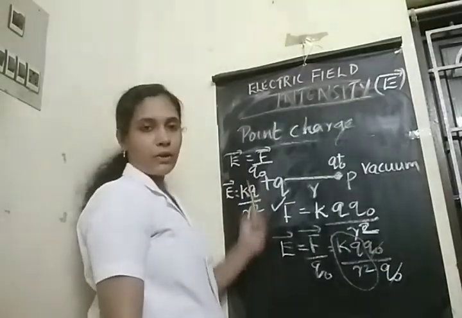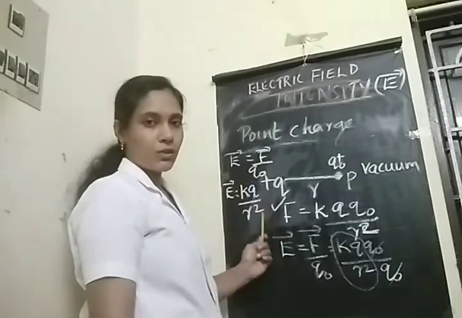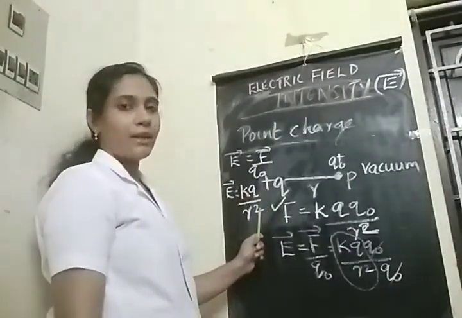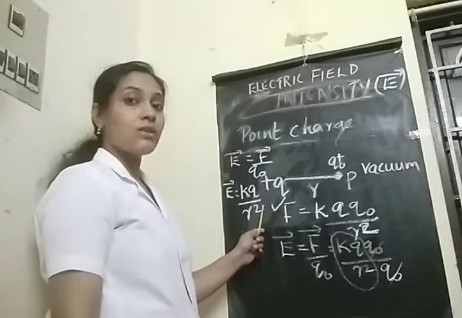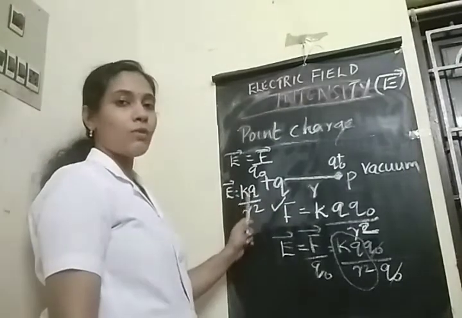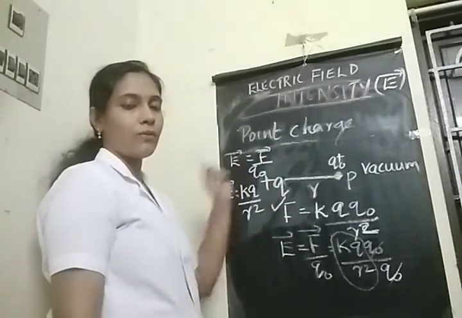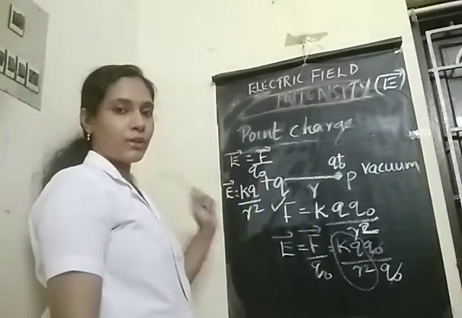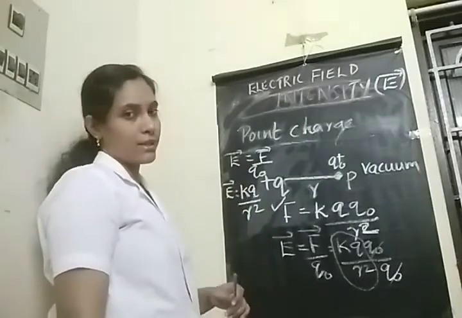So can you identify the main difference between these two expressions? Here we have used the test charge, but here we have used the source charge. So these are the two ways to determine the electric field intensity at a point.